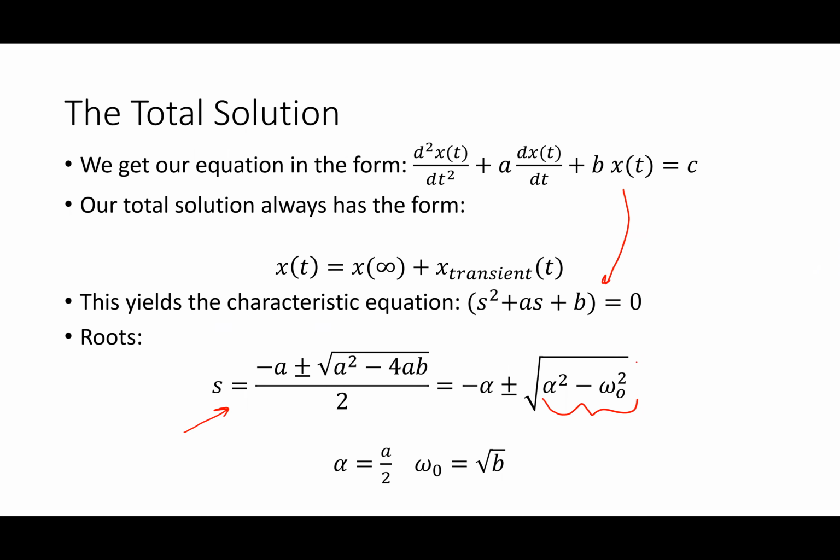Because if I look at any term under a radical like that, what's the potential problem I can run into? Being negative. Yeah, being negative. And that's actually not a problem. That just means that I get oscillations.